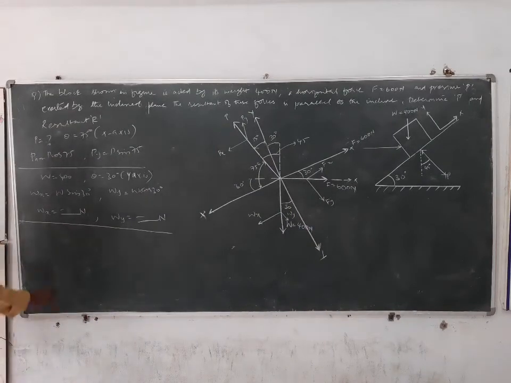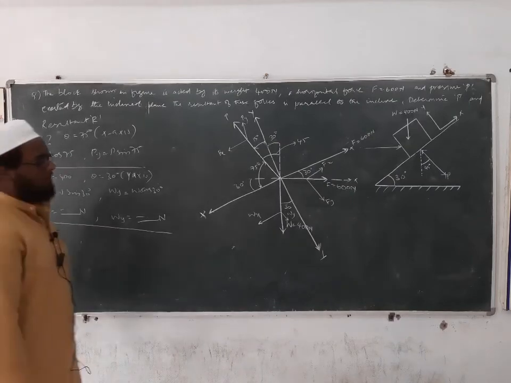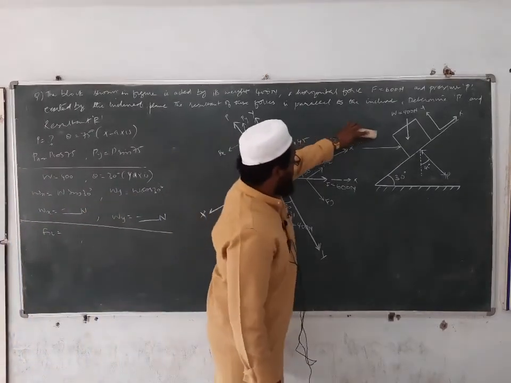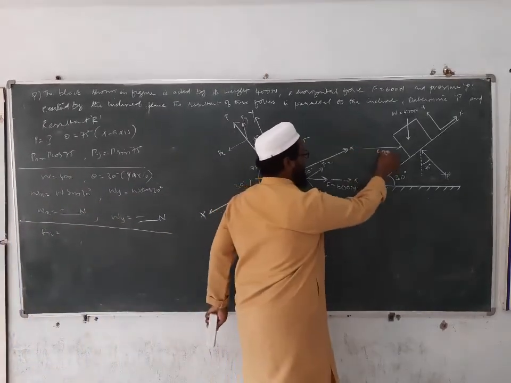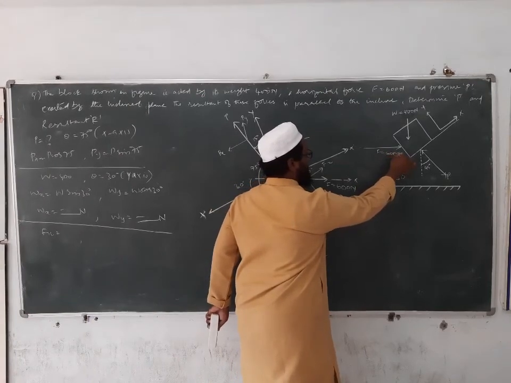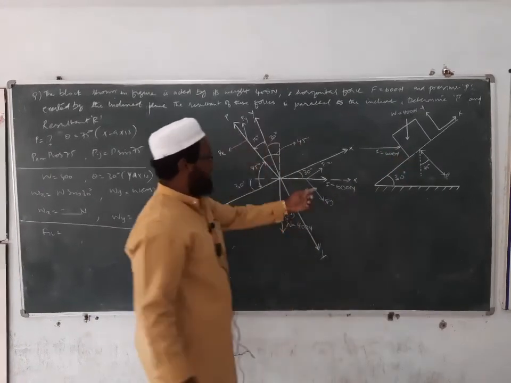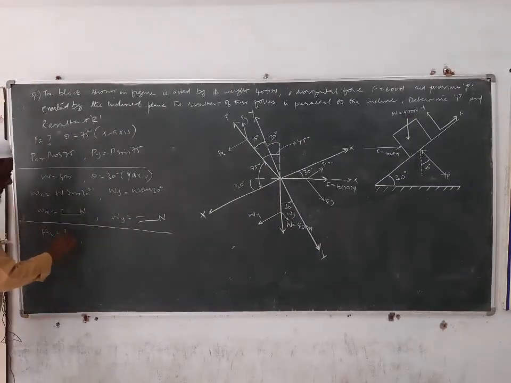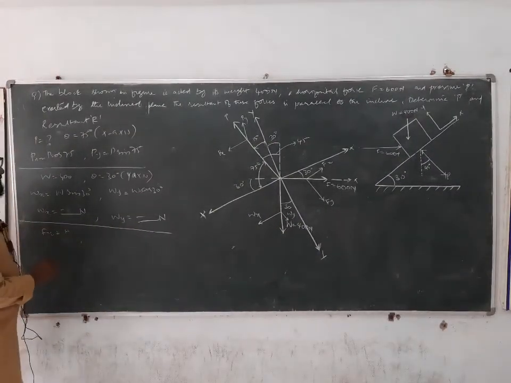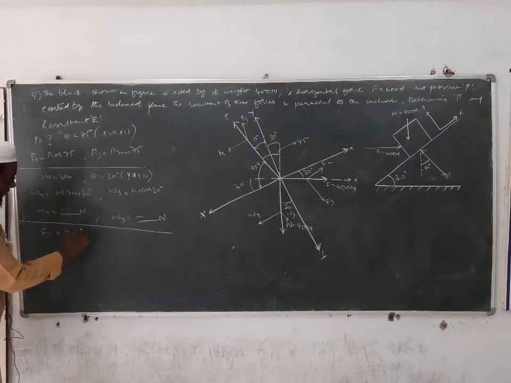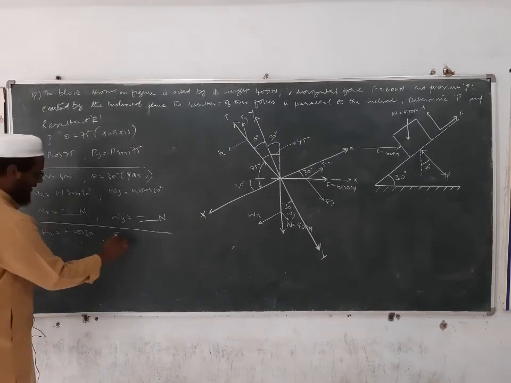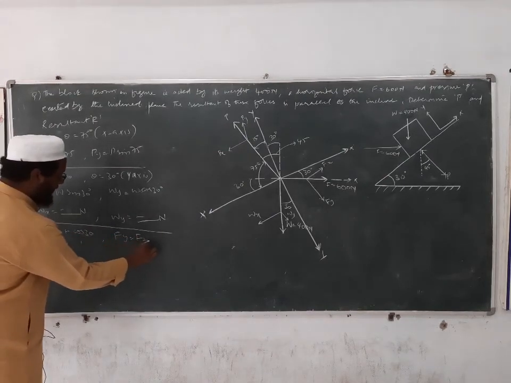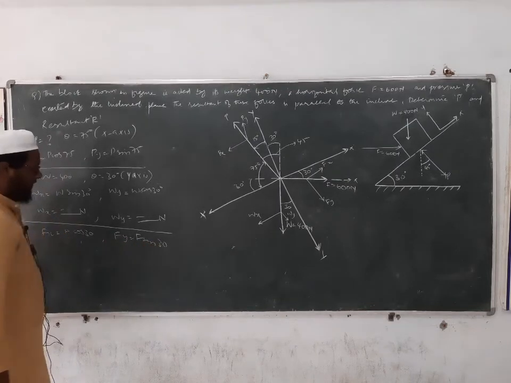So Fx is equal to, the angle made by this force, see here, this is F equal to 600 Newton. Okay, this is F here. The angle is with the x axis. So Fx is equal to F cos 30 and Fy is equal to F sin 30.